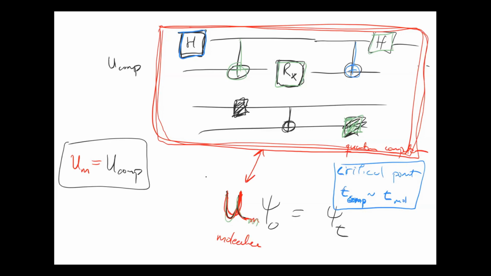And you just let your quantum computer evolve like a quantum system. And because it's evolving like a quantum system, the amount of time it takes to do that evolution is going to be proportional to the time it would have taken the real system to do it. Okay. Oh, gotcha. And that's something you can't do classically. Classically, it's impossible to actually have this. So classically, T classical is much, much greater than T molecule, right?